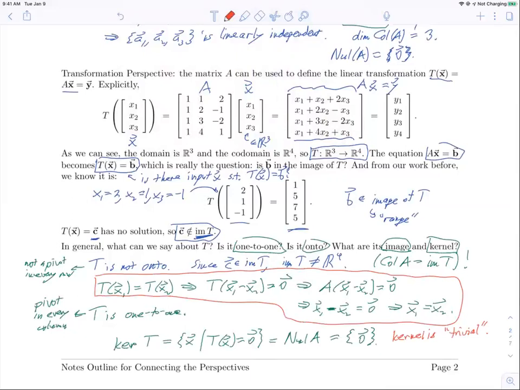So it turns out that T is one-to-one if and only if the kernel of T is trivial. So that's kind of nice.